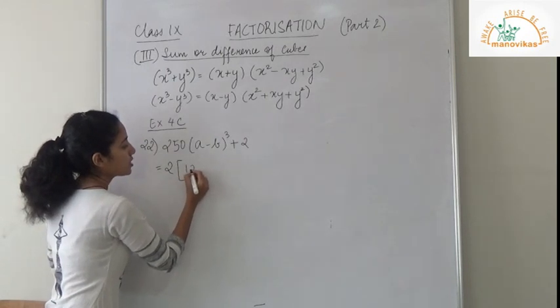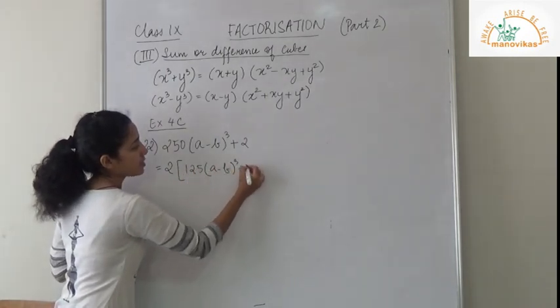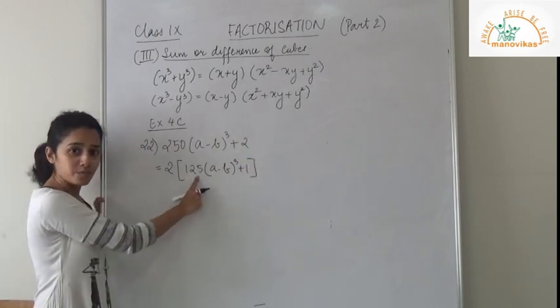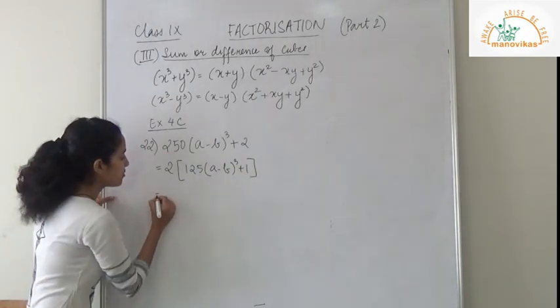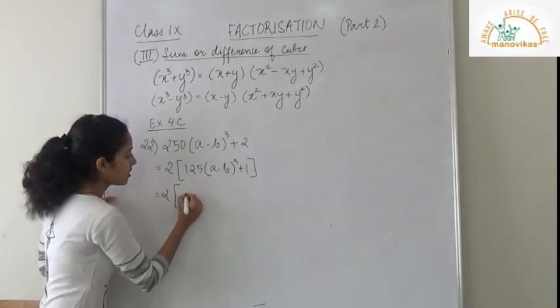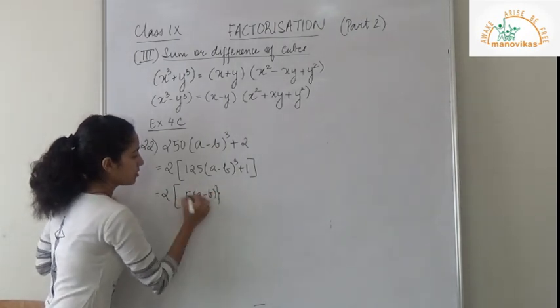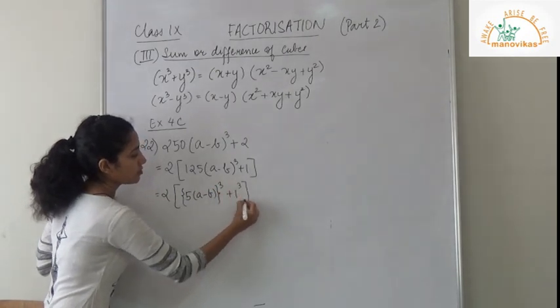So that will be 2 times 125 a minus b the whole cube plus 1. Note that 125 is a cube now of 5 and 1 is a cube of itself. So you will write it as 5 into a minus b the whole cube plus 1 the whole cube.